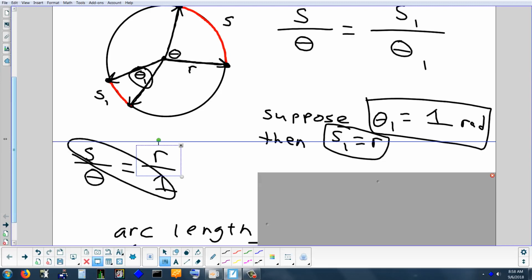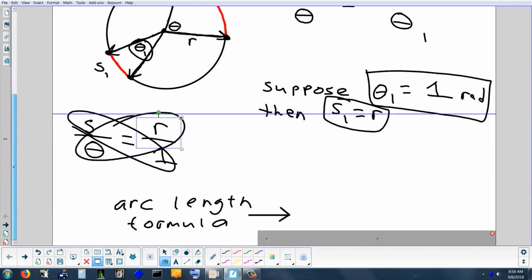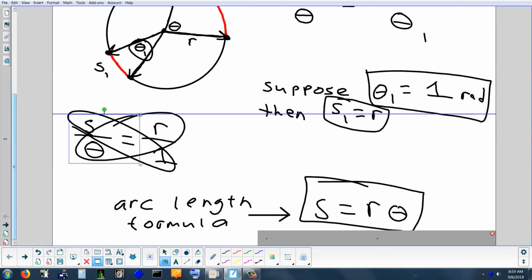So you do S times 1 and R times theta. So S times 1 is how much? 1S. And since it's just a 1S, we can just write S. And then R times theta. Not really anything you can do with it. And that is the formula that will calculate the length of an arc.